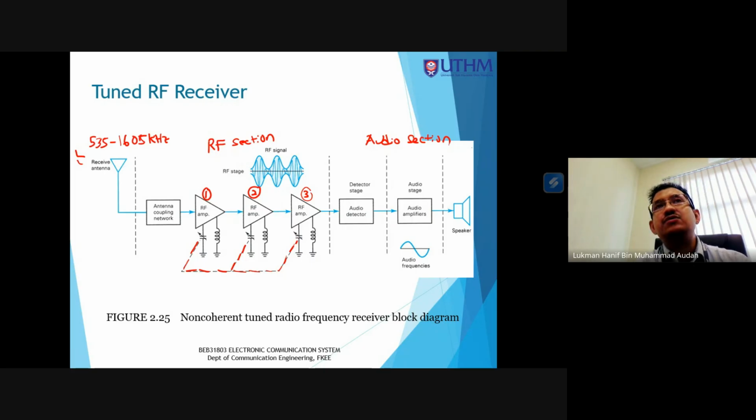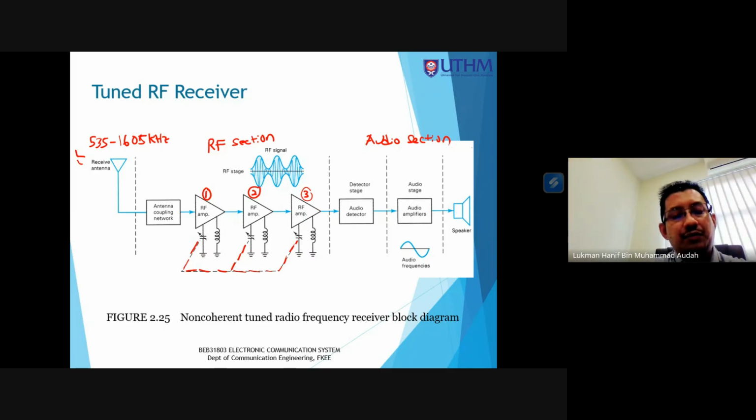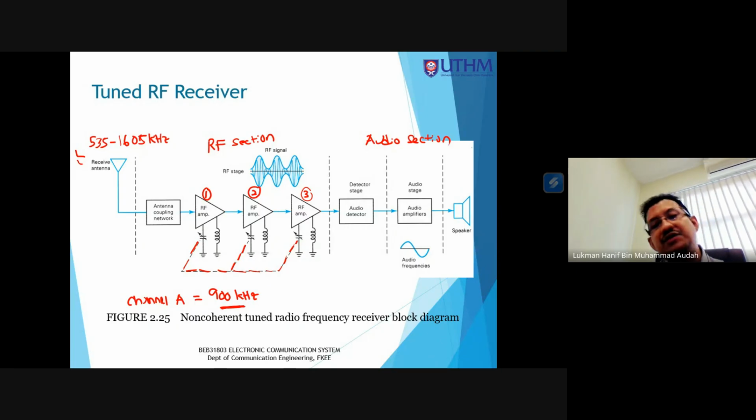What does it mean? For example, if I want to listen to a specific radio station, radio channel A, at a frequency of, for example, 900 kilohertz, I tune the receiver, and all the amplifiers will also tune to the same frequency.